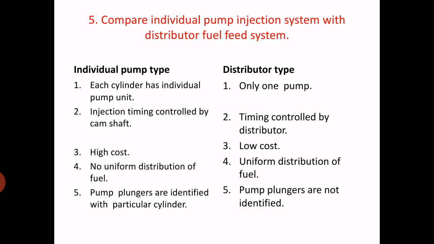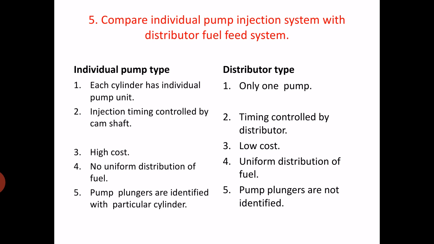Question number 5. Compare individual pump injection system with distributor fuel feed system. So we have to compare these two. One side is the individual pump and the other is the distributor. First point: individual pump means each cylinder has an individual pump, but in the distributor type only one high pressure pump is used.